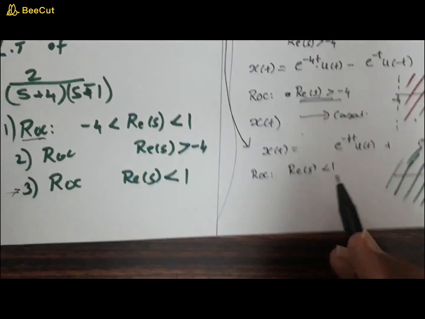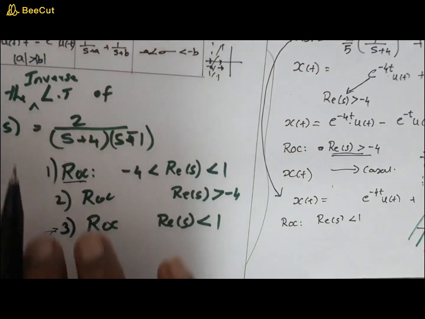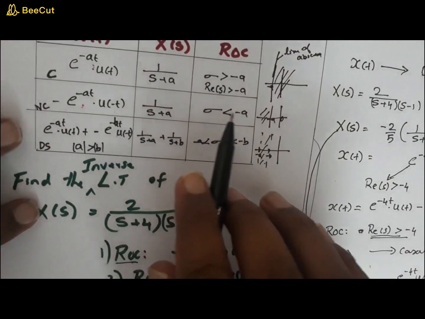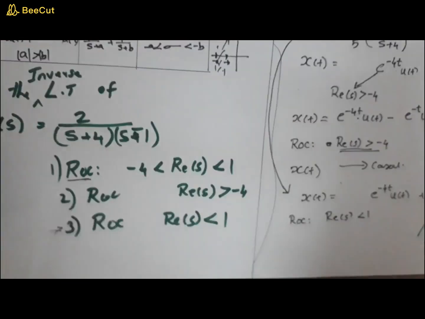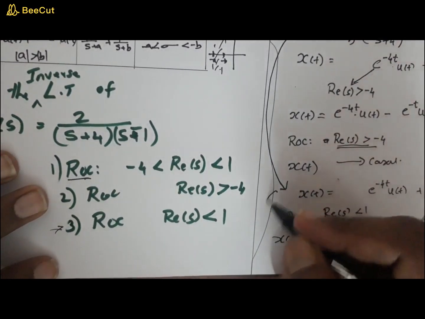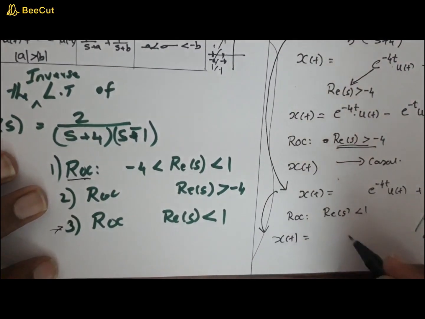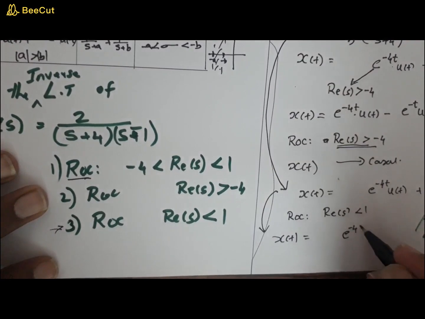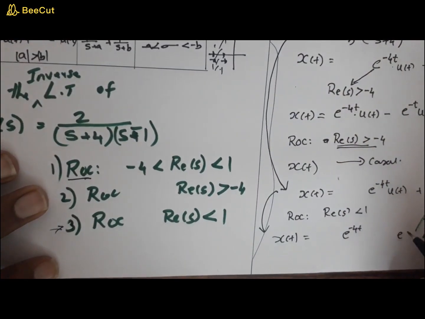Now we know that real of s less than 1 means it has to be a non-causal sequence. Again, as we have written here, x of t is again e raised to minus 4t plus e raised to plus t.